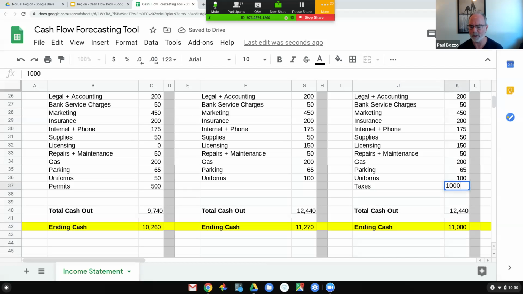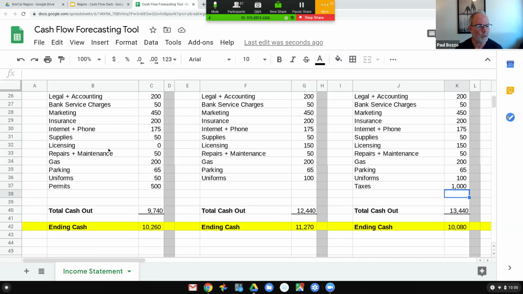Let's say it's $1,000, and watch what happens to cash out. It's going to go up, and ending cash is going to go down. So you can actually input expenses that you're aware of in the future, as many months as this model is built out, and understand and predict what's going to happen with cash flow.